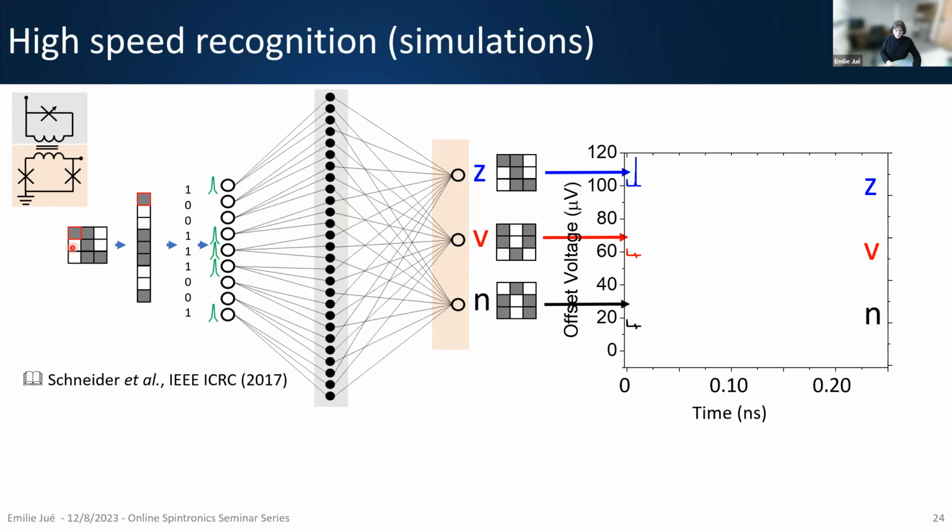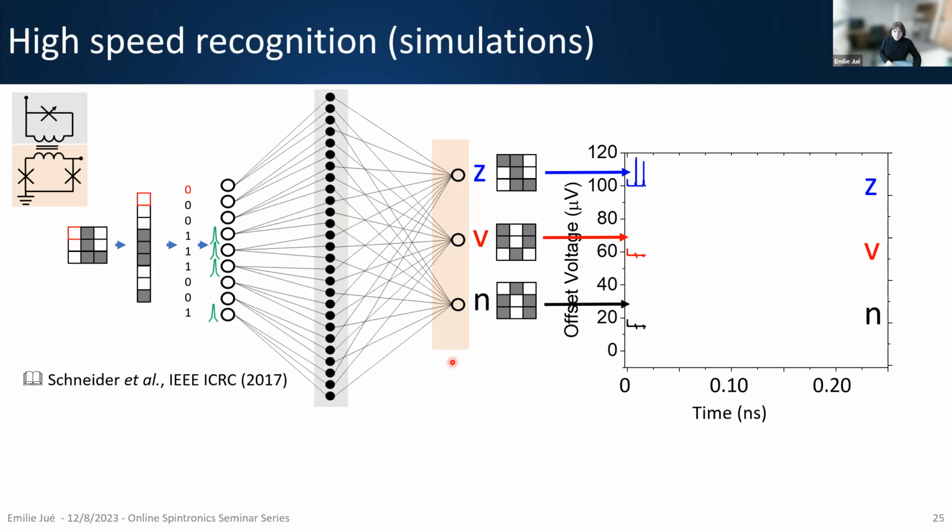The network is also robust to 1 pixel of input noise. So if I take this first pixel and change it from a 1 to a 0, then we obtain a second spike only for the letter Z, which is the closest of the 3 letters.